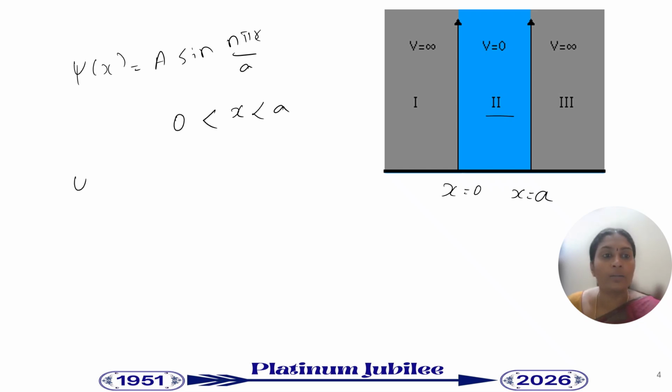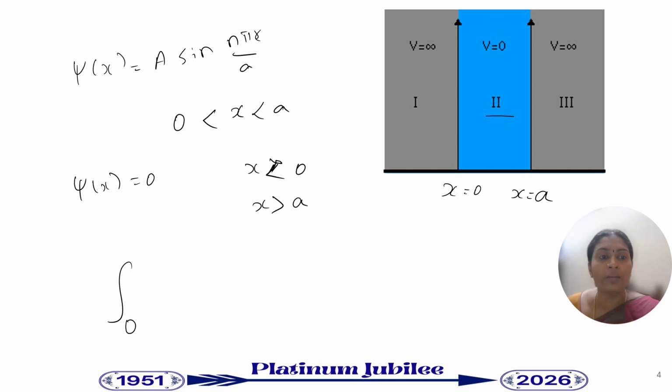And for all the other regions, psi of x is equal to 0. It means when x is less than 0 and x is greater than a. So it is having a definite probability for all the time to find the particle in this region 2.